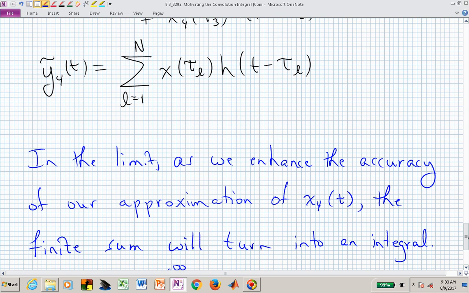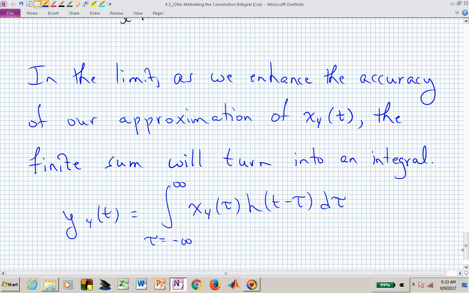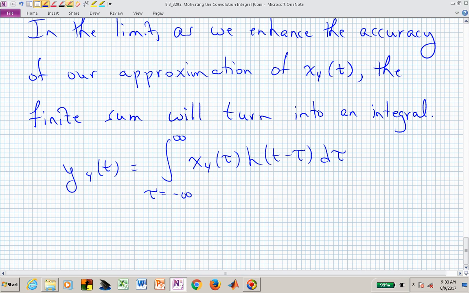And that should look like the structure in this finite sum. Now we're just making that an infinite sum. The summation now becomes an integral, and we now are left with what we said we wanted to develop, which was this expression that we are now calling the convolution integral. And hopefully now you have a better feel for where that arises.